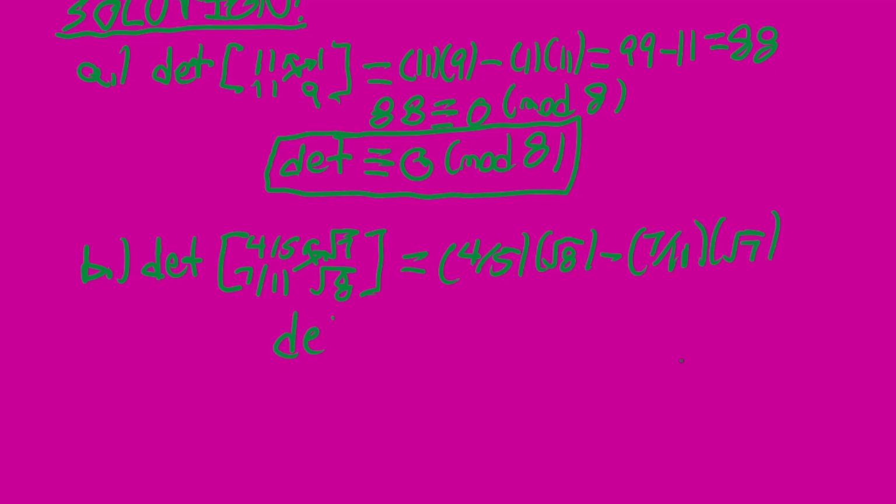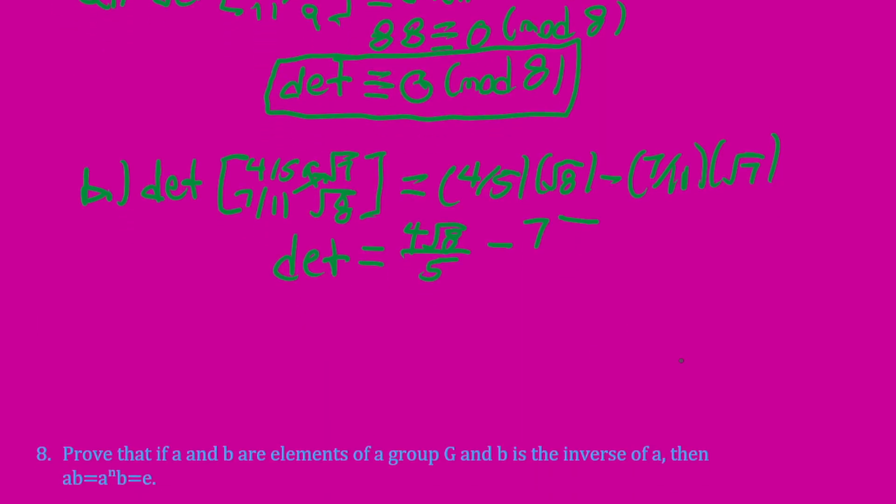So the determinant is equal to 4 square root of 8 over 5 minus 7 square root of 7 over 11. Yep, that's all there is to this problem.